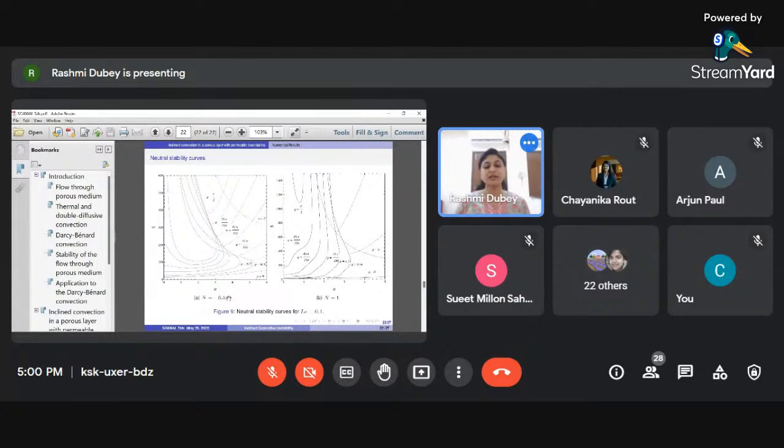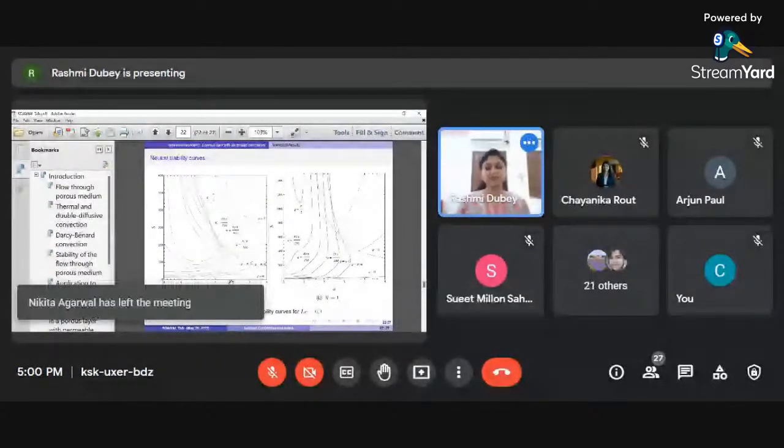It means that the concentration gradient or the mass gradient and the temperature gradient are both acting in opposite directions, and the solute concentration gradient is lower in magnitude than the thermal gradient. For such a case, we have the instability occurring in both stationary as well as oscillatory modes for all the inclinations of the porous layer.